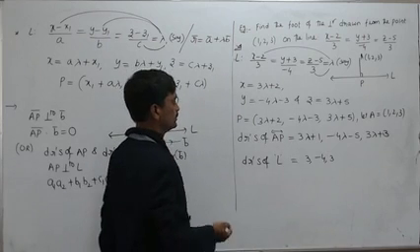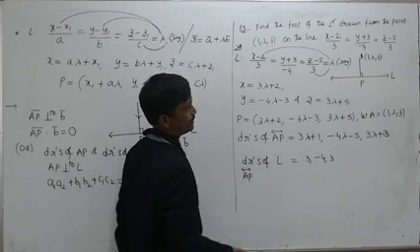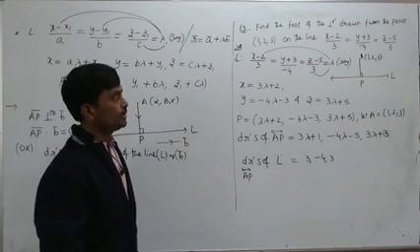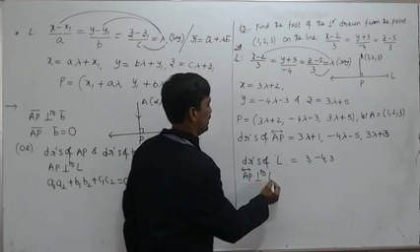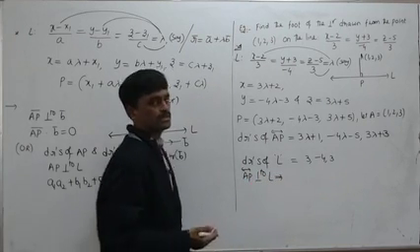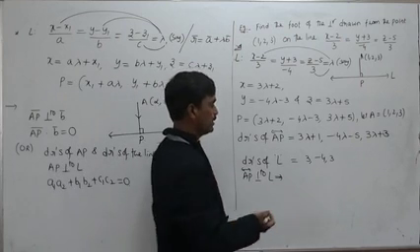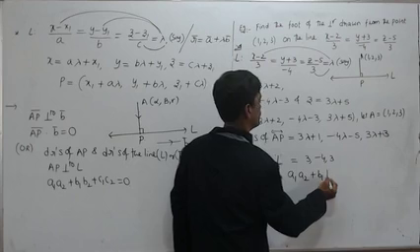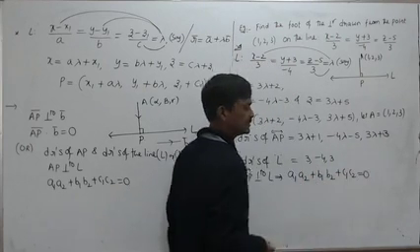Since P is the foot of the perpendicular drawn from A to the line L, line AP is perpendicular to the line L. As these two lines are perpendicular, what is the condition for perpendicularity? A1 A2 plus B1 B2 plus C1 C2 is equal to 0.